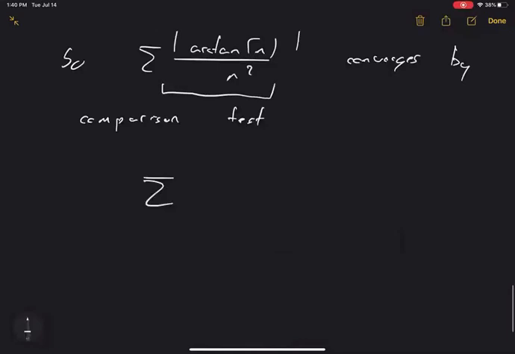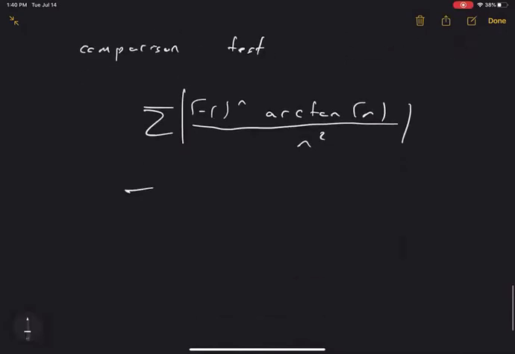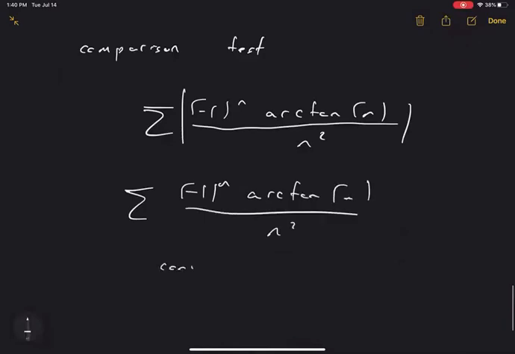This is the absolute value of this thing. All right. So then we can say my original series converges absolutely.